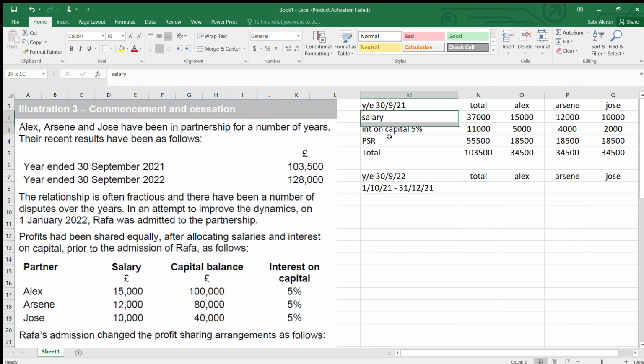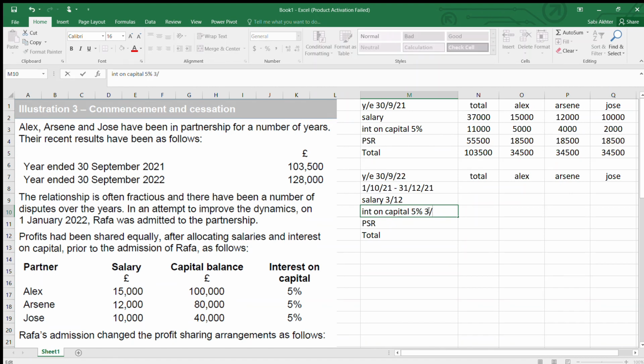So this time, just copy paste. Salary will be for 3 months, because from October to December, October, November, December. And interest will be 5% but for 3 months. Okay.